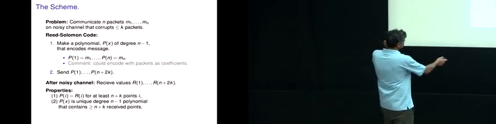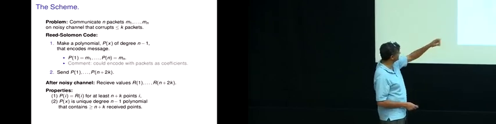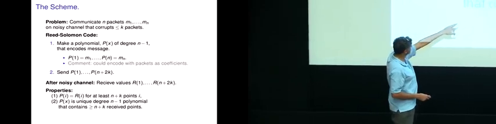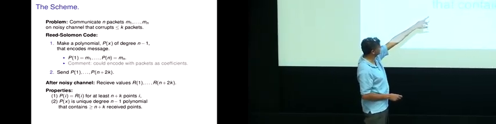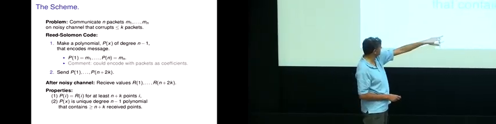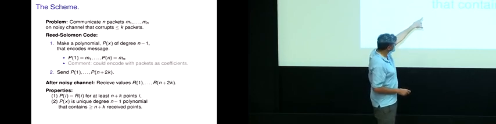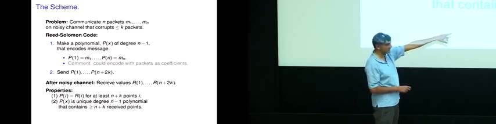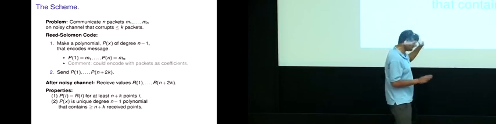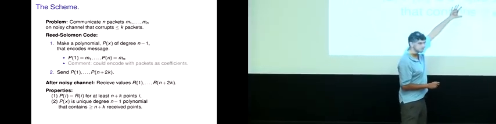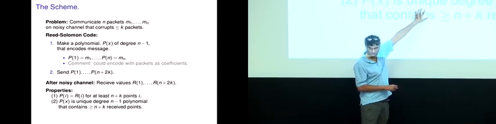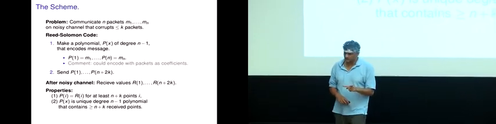The original polynomial is consistent on all n plus 2k points, and we've changed only k of those values for R of i, and so therefore P of x is consistent with all but k of those points, or at least n plus k points. So that's sort of obvious, but we need to argue it's a unique one. It's the only one that's consistent with at least n plus k points.